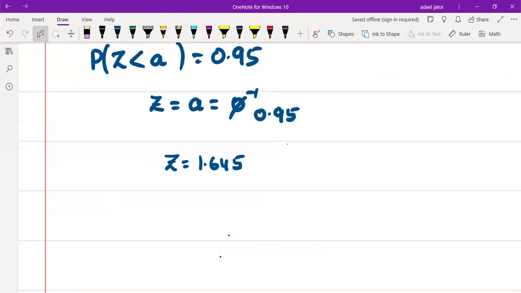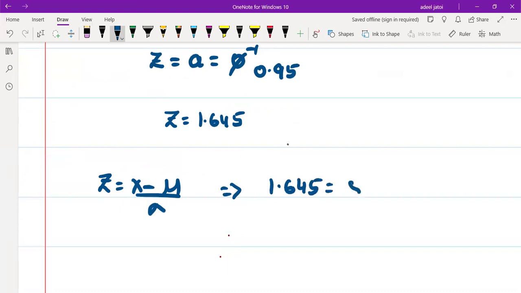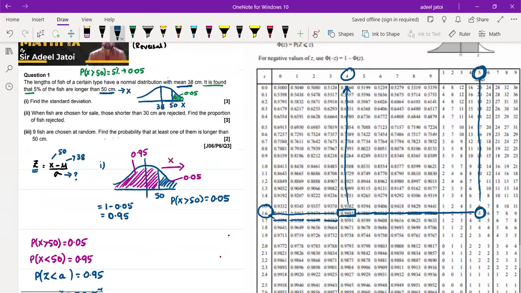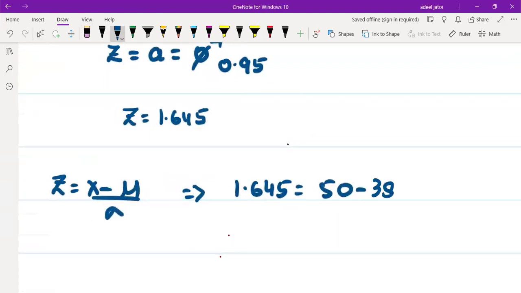But what we actually needed was Z is equal to X minus mean upon standard deviation. So 1.645 is equal to 50 minus your mean, which was 38, divided by the standard deviation.